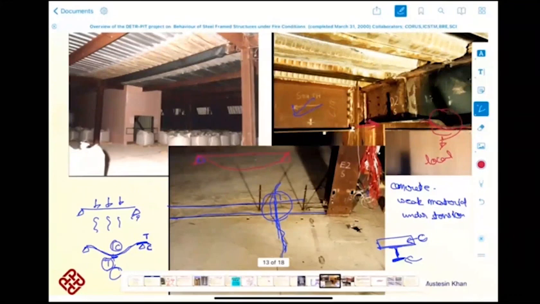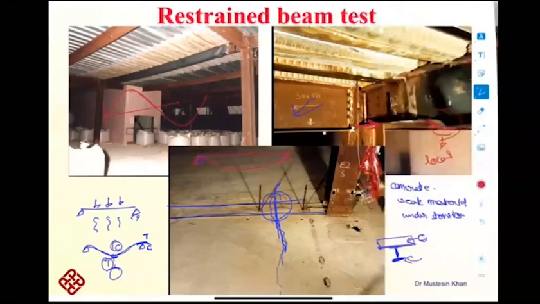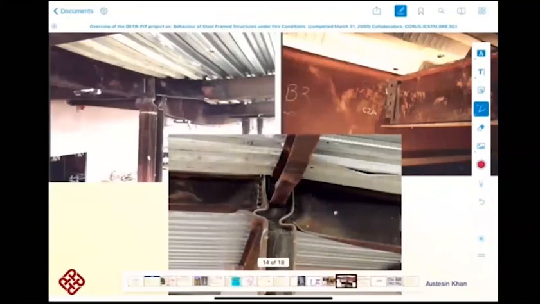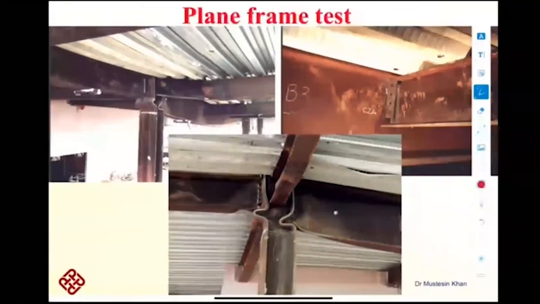And as soon as this local buckling happens, the compressive force which was increasing because of the rise in temperature starts to reduce because of that local buckling, and then changes to tension, and then you know how it decreases, even the tension does get decreased. So these were the major observations made by them during the restraint beam test, and some of the major observations were made during the plane frame test.